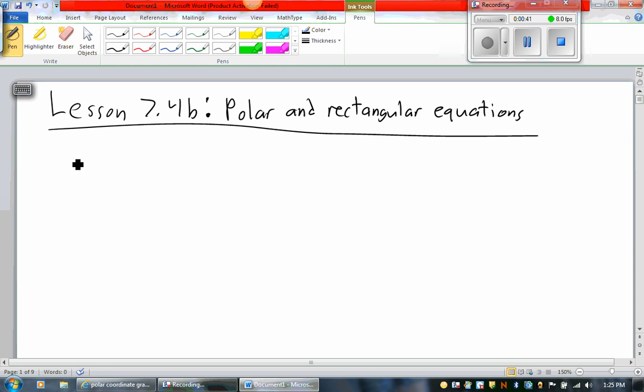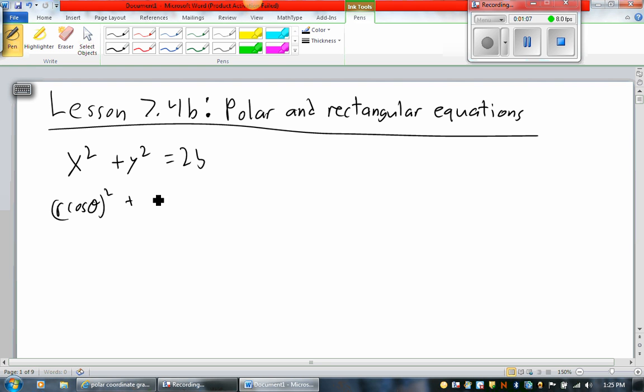Let's say we had the equation x squared plus y squared equals 25. Remember from last time we had our definitions of x and y. We're going to substitute those in. So x equals r times the cosine of theta, and it's x squared, so we're going to square that.